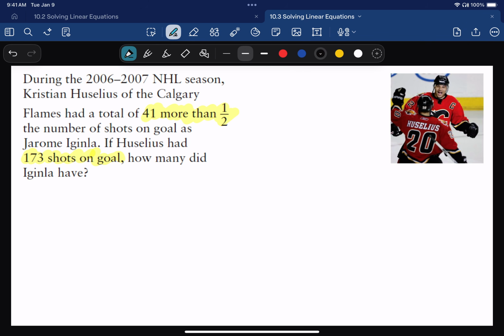So we are looking for the shots on goal that Iginla had. So I'm going to say shots on goal, Iginla. Okay, and we're going to say that that is going to be represented by S. Okay, the number of shots on goal that Iginla had. That's what we're looking for. And so Christian Huselius had a total of 173 shots on goal.